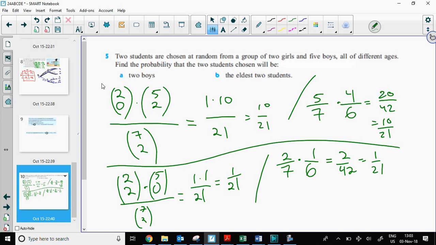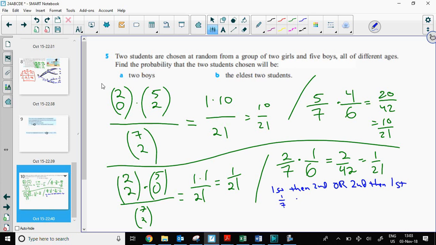I guess it's like a third way that you could think about this if you really wanted to. You could say, well, I'm either choosing the first oldest, then the second oldest, or the second oldest, then the first oldest. So if I'm choosing the first oldest first, there's only one who is the oldest out of 7.